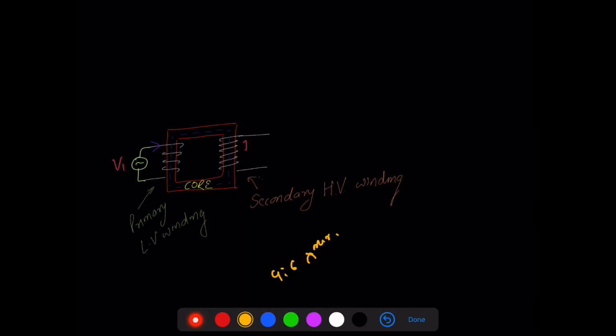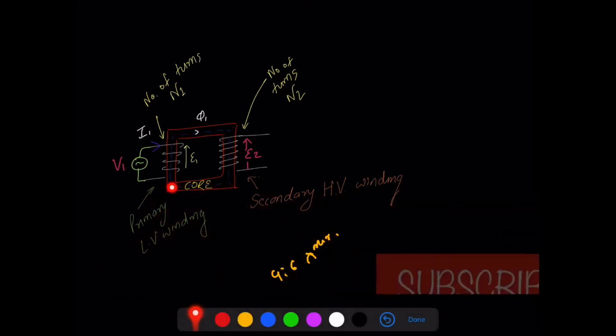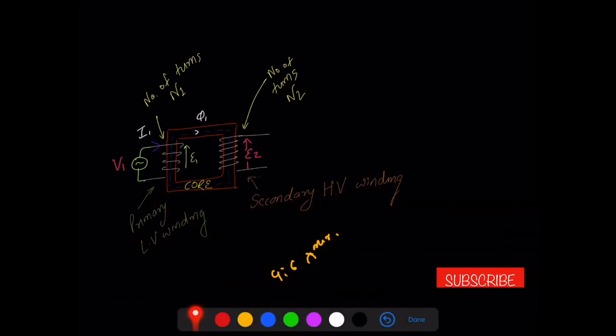Now, to understand the working of the transformer, you have to see that as soon as I connect a voltage V1 here, a current I1 is going to flow, which is going to set up a flux phi, which is further going to set up an EMF E2 here. And this EMF E2 is what is available on the load side to us.